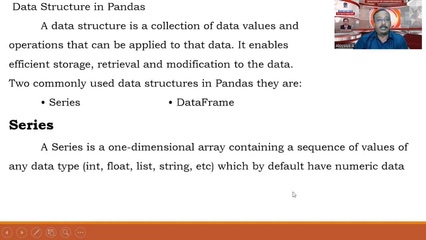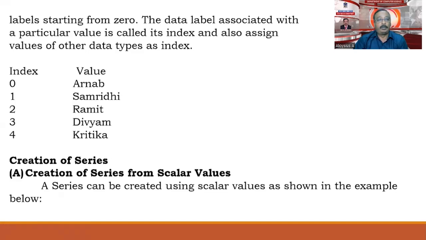Data structure in Pandas. A data structure is a collection of data values and operations that can be applied to that data. It enables efficient storage, retrieval, and modification of data. Two commonly used data structures in Pandas are series and data frame. The series is a one-dimensional array containing a sequence of values of any data type, which by default has a numeric data label starting from 0.